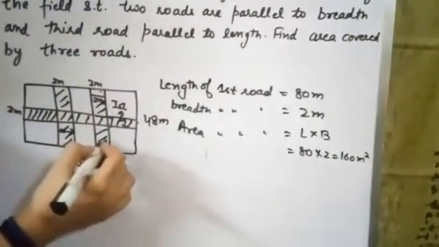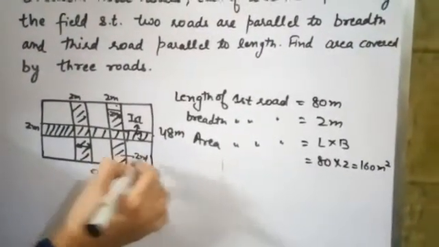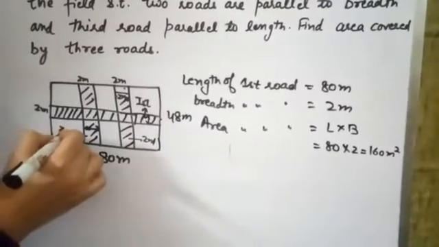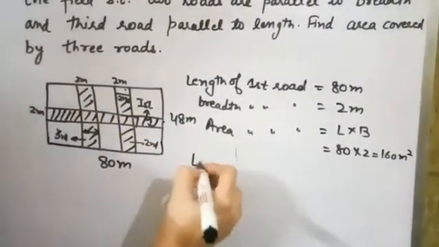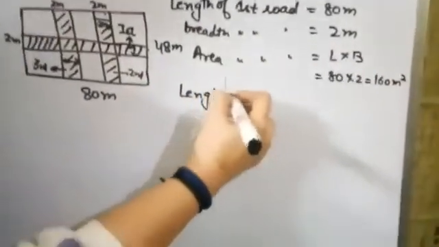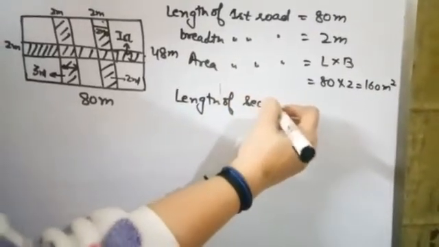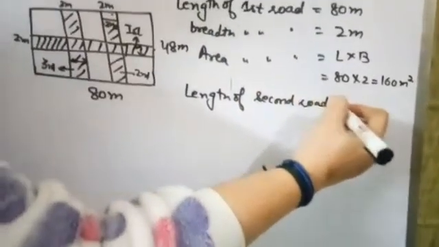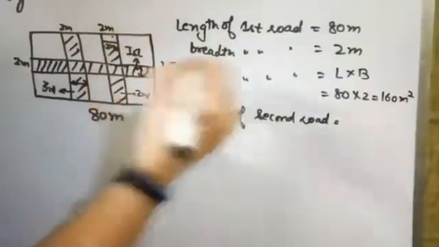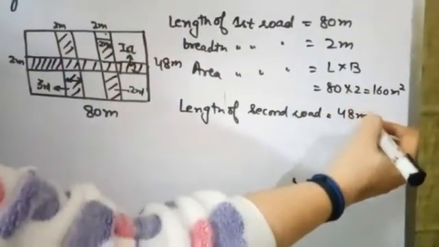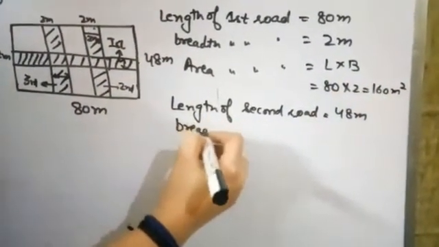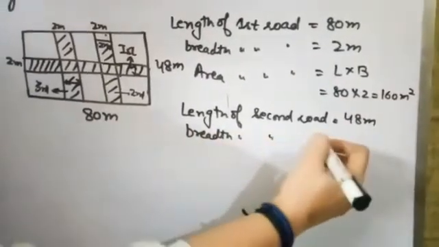Now this is our second road, and this we are taking as the third road. The length of the second road is equal to the breadth of this field, 48 meter, and the breadth that is uniform for all the three roads is 2 meter.